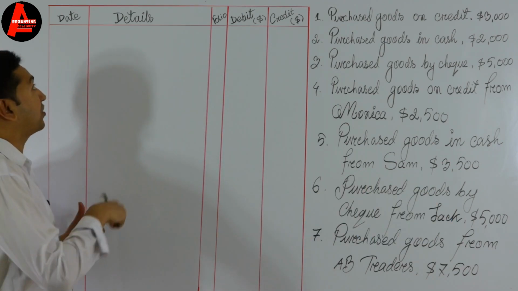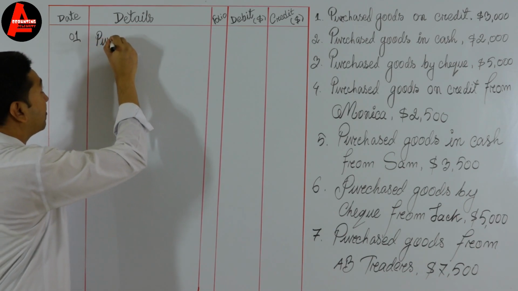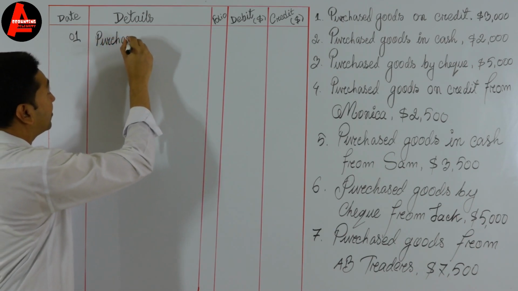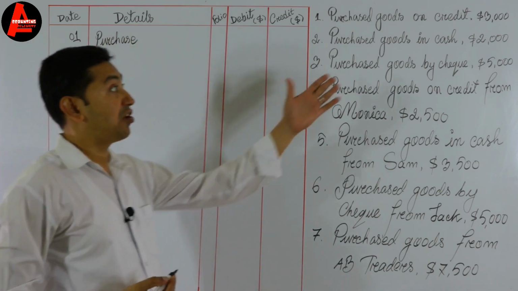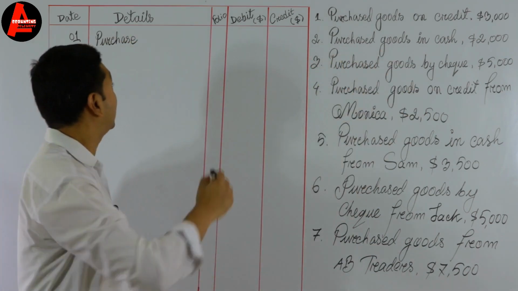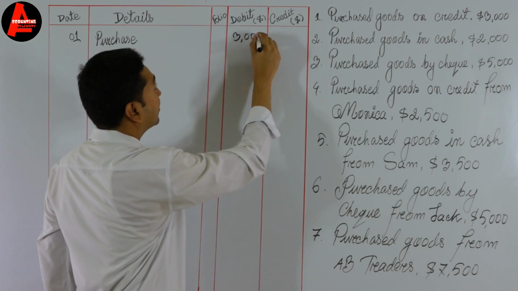Let us write the first one: purchase account to be debited, $3,000, on the debit column.